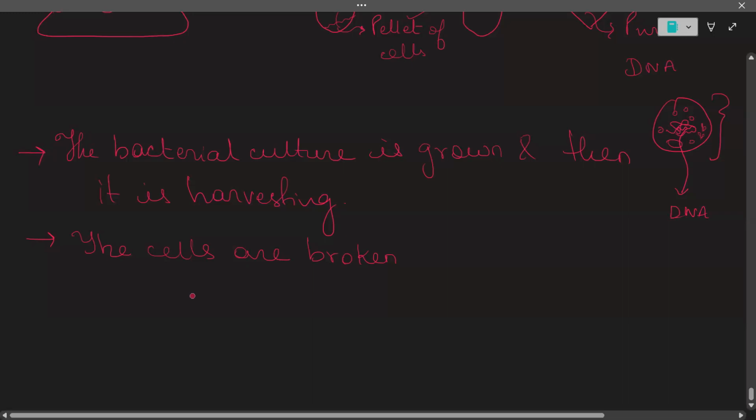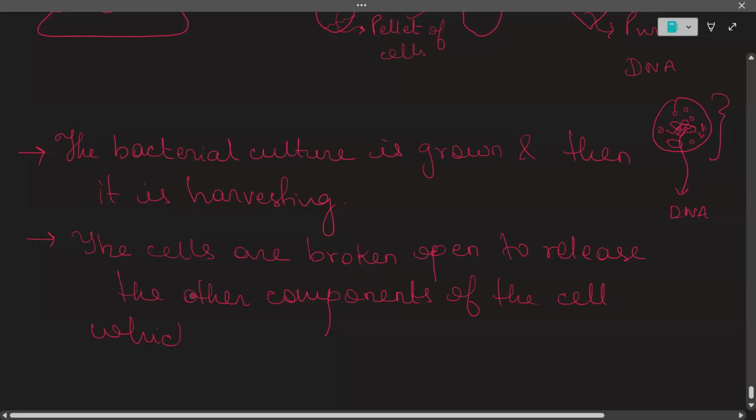So the cells are broken open to release the other components of the cell, which are of no use to us.